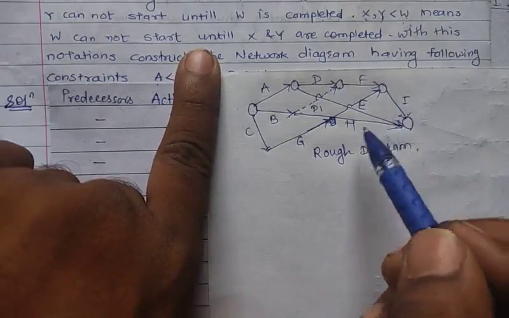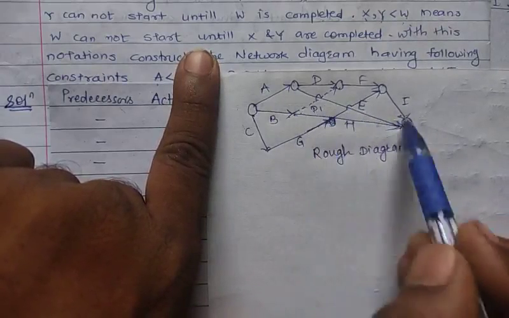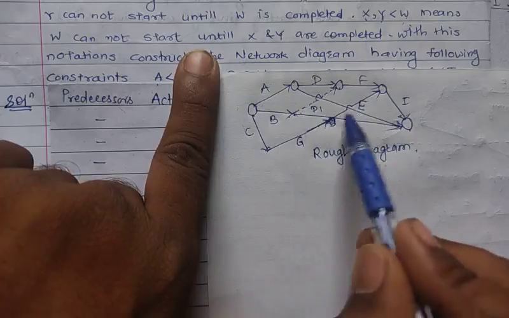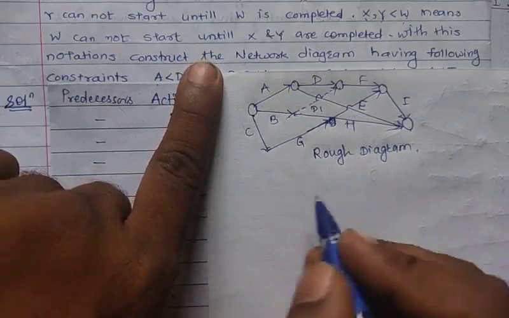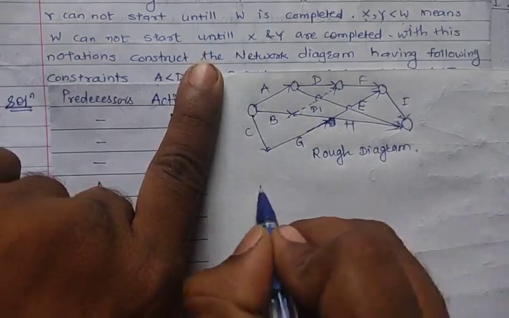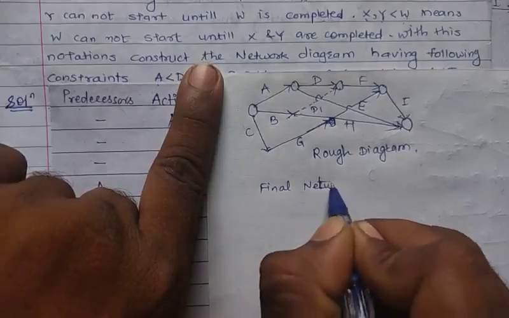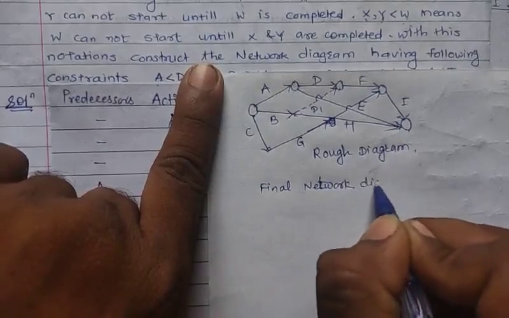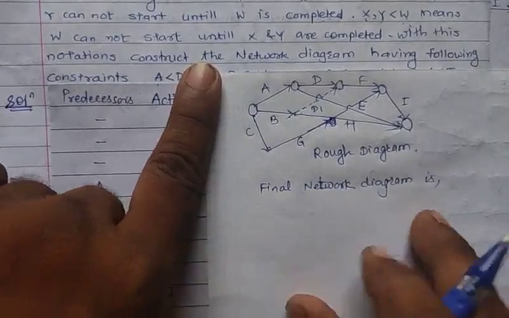So it is possible to remove all the crosses and dummy activities. So let's draw the final diagram. The final network diagram is.